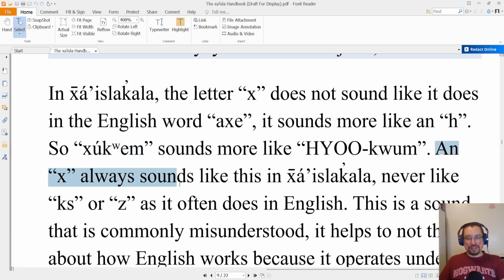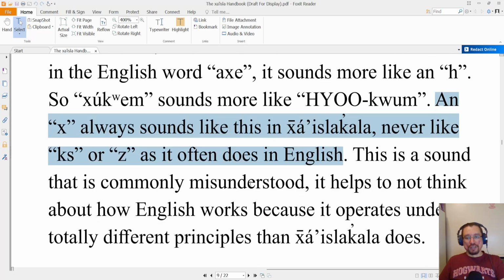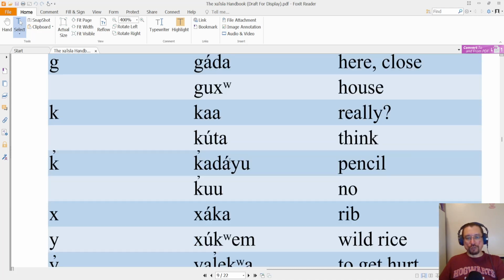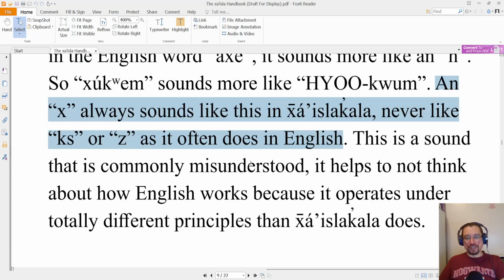And the X always sounds like this in xa'isla, never sounds like KS or Z as it often does in English. So the letter X does not sound like the KS that the letter X makes in the word axe in English or Texas. It doesn't sound like xylophone in English. It sounds like kya, hya, or hue. Or if it's at the end of the word, it sounds like he.